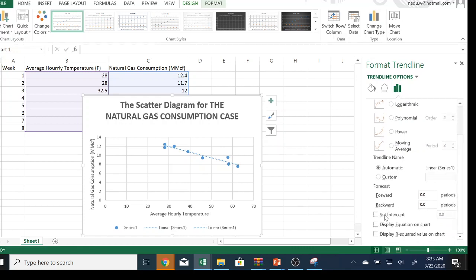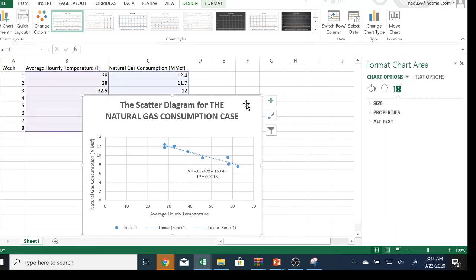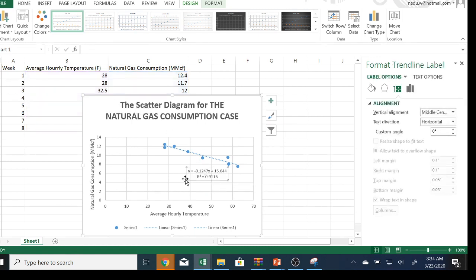Then we are going to ask Excel to display the equation for the particular data set on the chart itself, and we are going to ask Excel to display the R squared value also. So this would be the regression model and the R squared value for the given data set. Now we will look at what is the equation here.